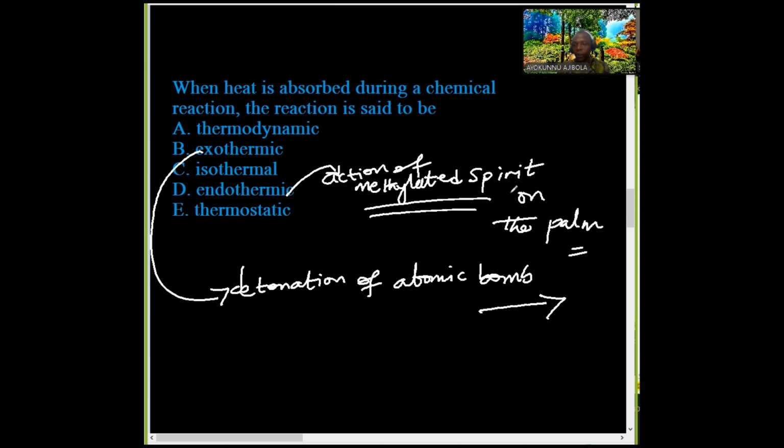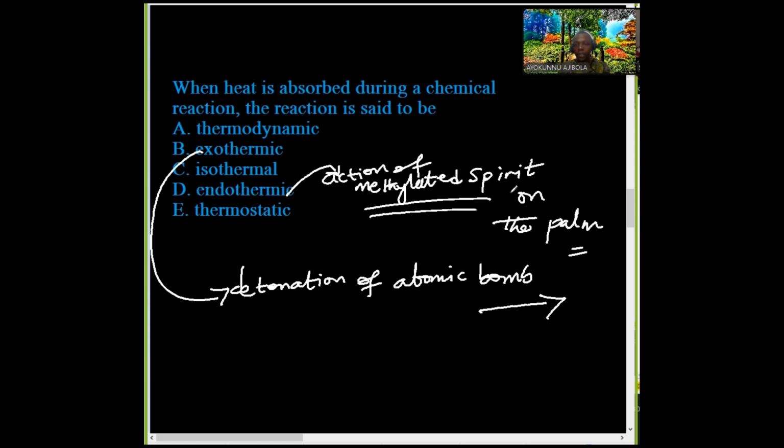What about boiling of water? Boiling of water is endothermic because it takes heat from the environment before the water can boil. The same thing with evaporation of water and so on. But now we're talking about exothermic, the one that gives off heat into the environment.